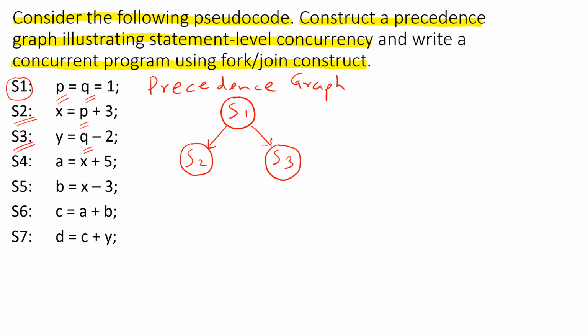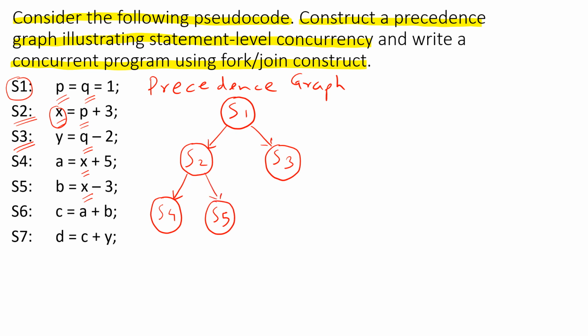Okay. Then statement 4 reads the value of x, which is modified by statement 2, right? So statement 4 is dependent on statement 2. Statement 4 will run only after you execute statement 2. Likewise, statement 5 also reads the value of x, which is modified by statement 2, so statement 5 is also dependent on statement 2.